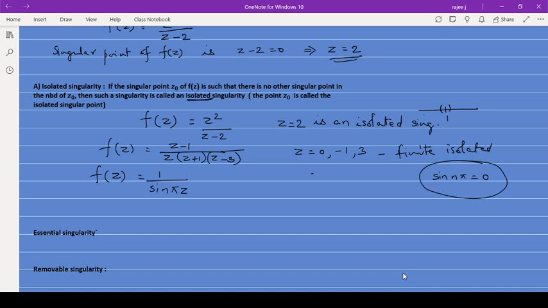All values of n means 0, plus or minus 1, plus or minus 2, plus or minus 3, integers, etc. Okay, all positive and negative integers, sine of n pi equal to 0.